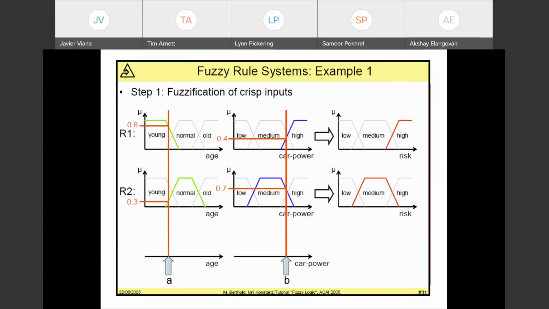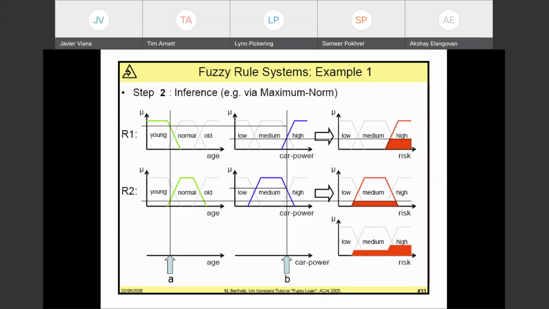We can then do the same thing with determining the risk for a particular person. So let's say that a person falls along this part of the age. So they're in between young and normal. And car power falls in between medium and high. So we can then take both of the active inputs for this rule, which are, age is young and car power is high.